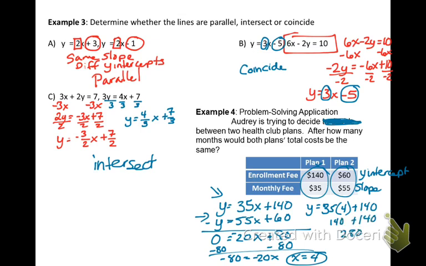So it's going to cost you $280. So in 4 months they'll both be the same at $280. So if you decide to do more than 4 months, then you will want to have Plan 1.